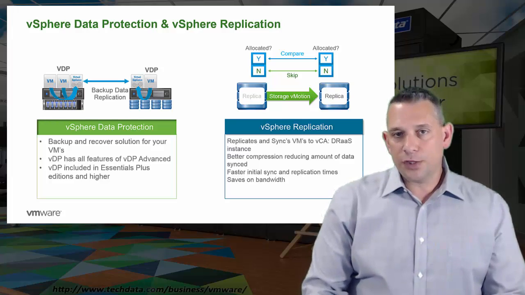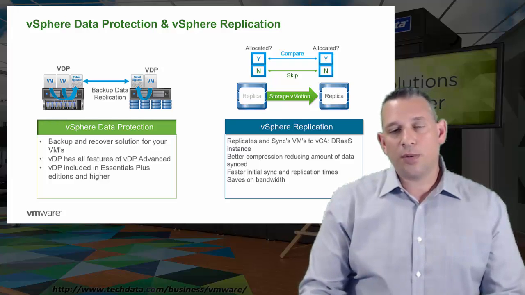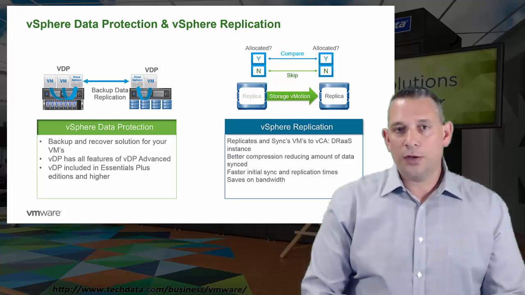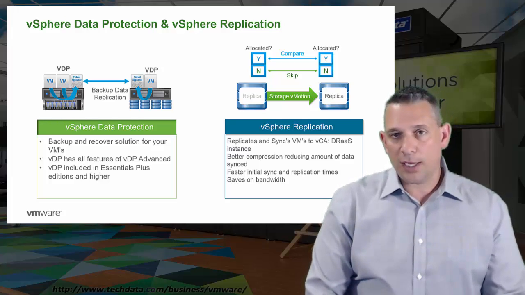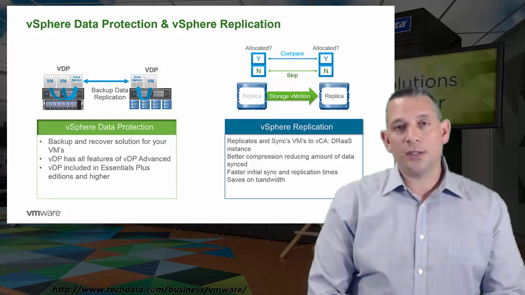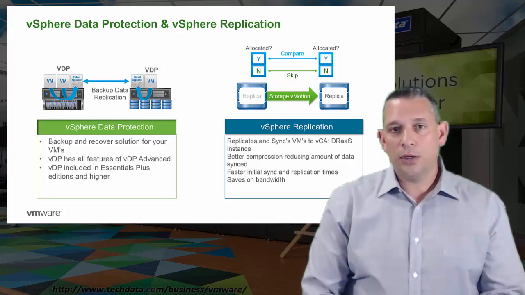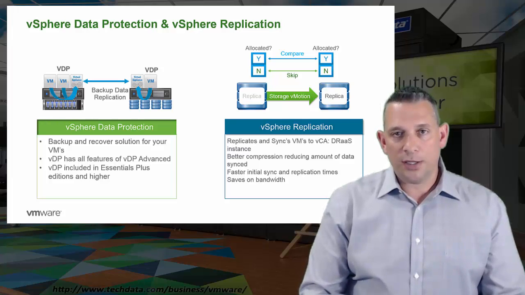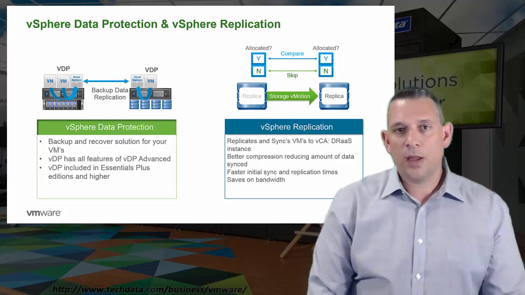Now with the new version of vSphere Replication, the failover process, the initial sync process, as well as the failback process will always occur across that vSphere Replication appliance. And again, the vSphere Replication appliance is only used for when you tie together your on-premise as well as your DR as a service instance in the cloud.